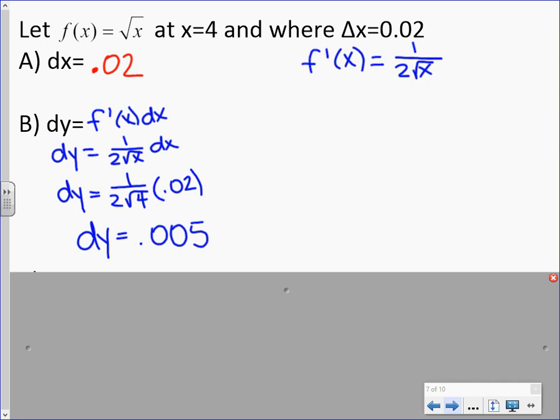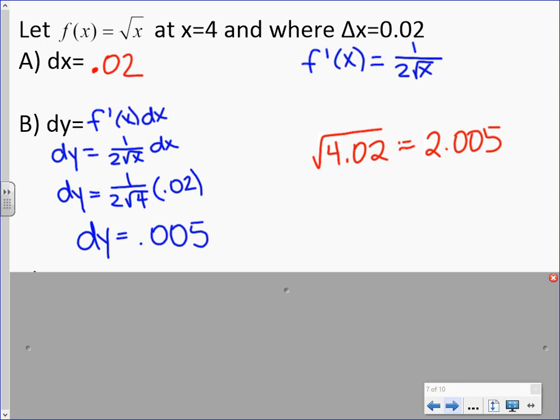Essentially, we used a tangent line without writing the equation of a tangent line. So if I wanted to approximate the square root of 4.02, it would be approximately 2.005. Let's talk about why that is. We already knew that from our first example, but essentially we added 0.02 to our x value. And when we add 0.02 to our x value, then on our tangent line, the height changed by this much.